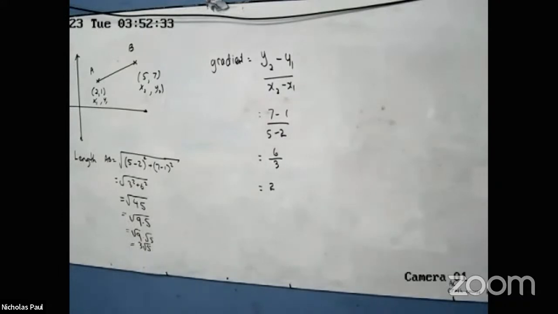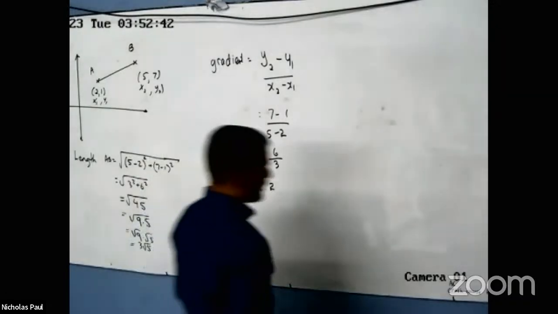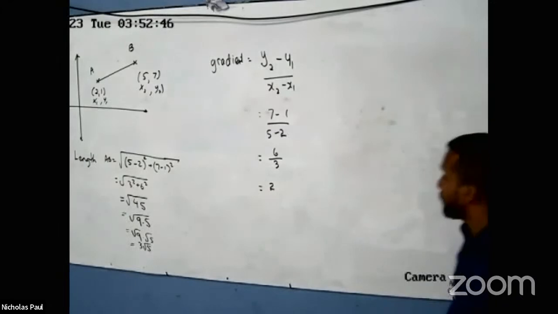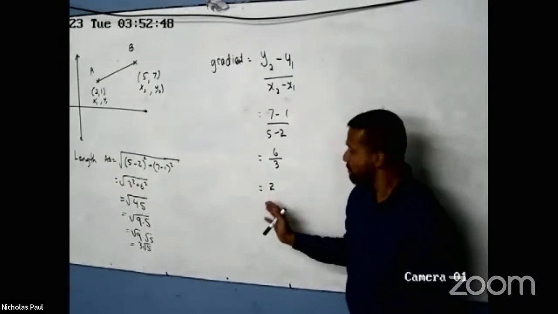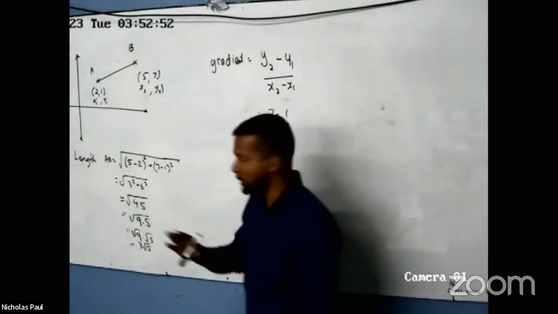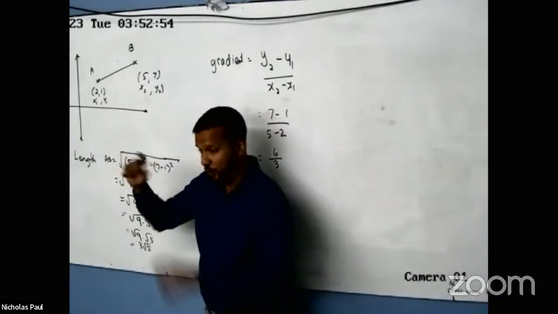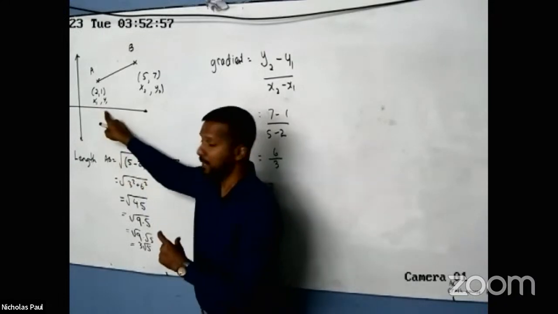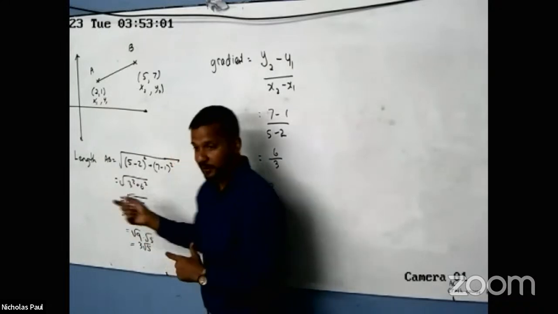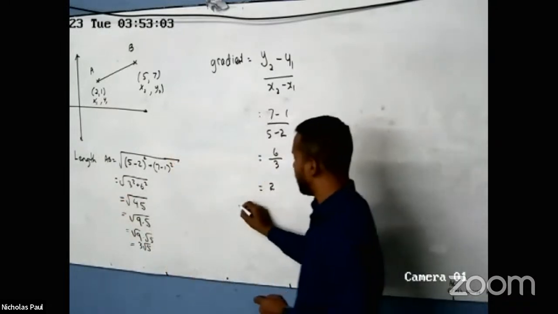So if you know the equation, you can plug in an x and find the y. Plug in a y, you can find the x. So now we're going to try to find the equation of a line.